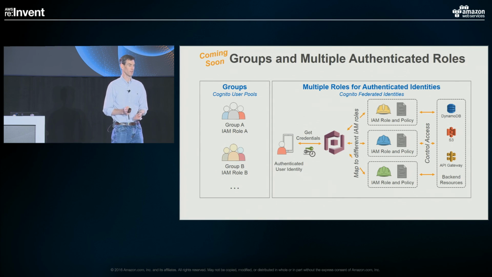And so that's really what we're giving here. Once you get a user authenticated, you've got multiple ways through rules or through inspecting the token that you can choose an IAM role for that user. IAM roles have policies, and those policies can control access to your back end, whether that's at S3 or through API Gateway. So these are two new features that we've heard from a lot of customers are going to be pretty valuable.